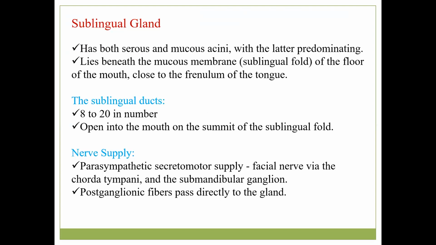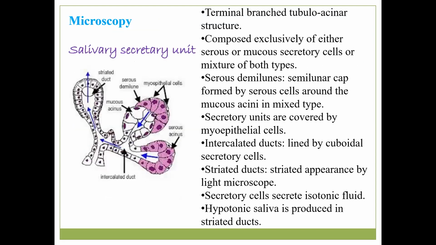So when we come to the microscopy, you have to study the salivary secretory unit. This is a tubuloacinar structure. It is composed of either exclusively serous or mucous secretory cells, or it can be a mixture of both serous and mucous types.